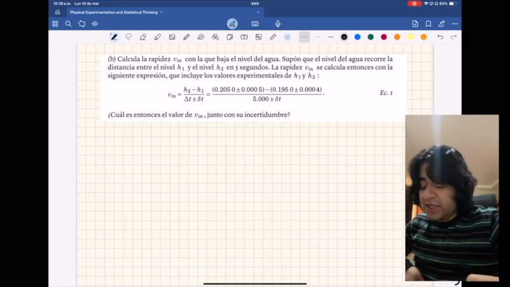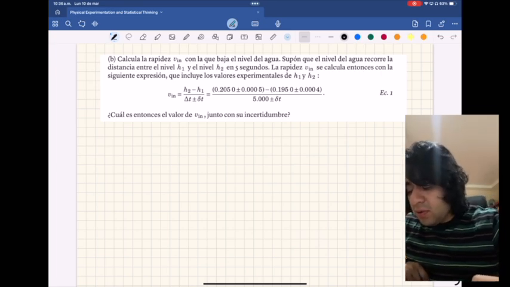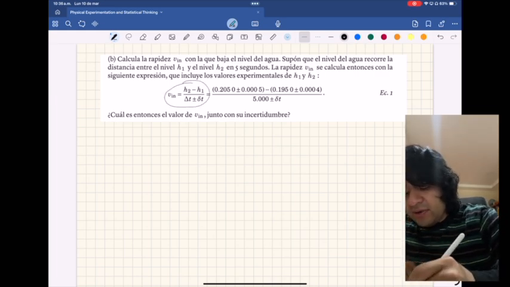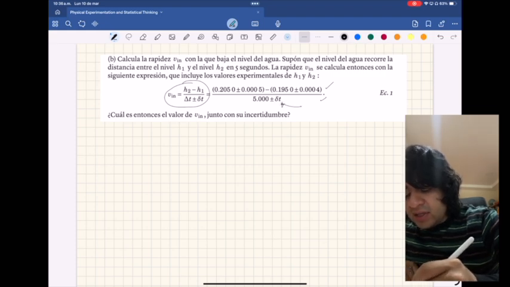And now for section V, where we have to determine the inlet velocity. To obtain that, we have here an equation with the respective values. As we see here, we have uncertainty.